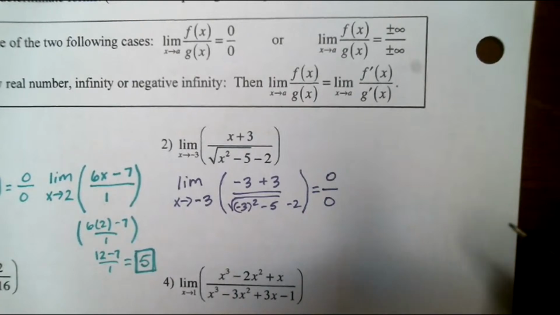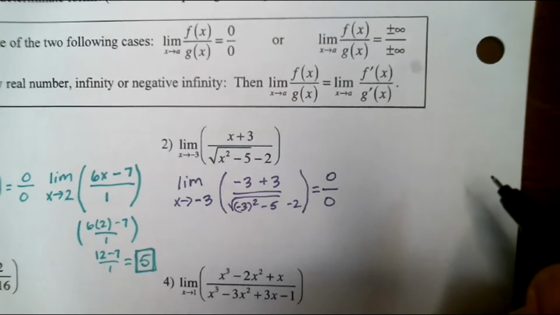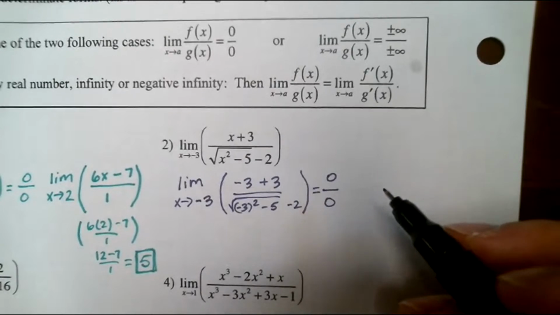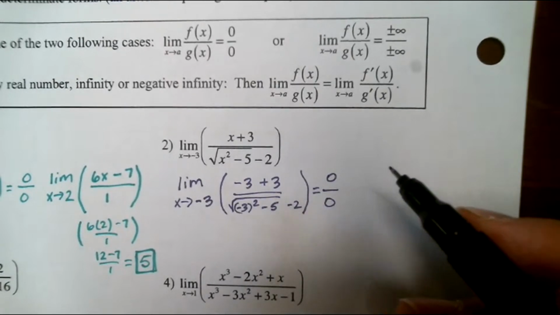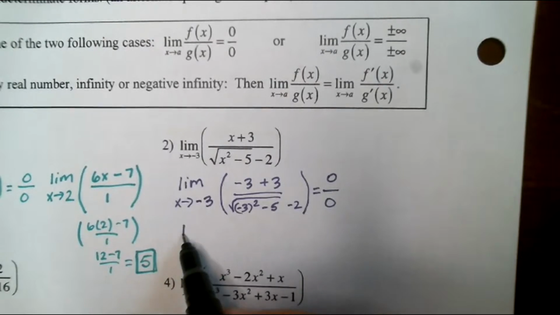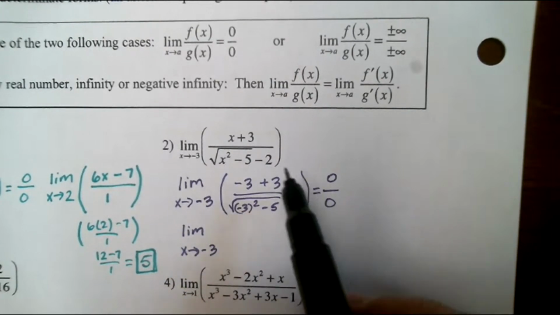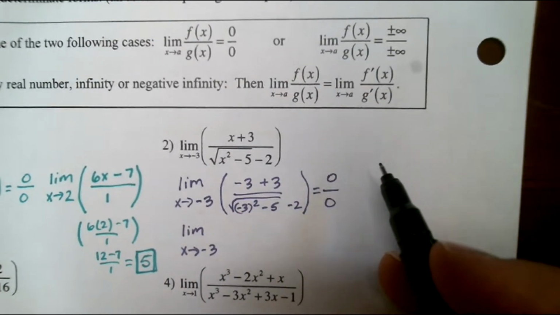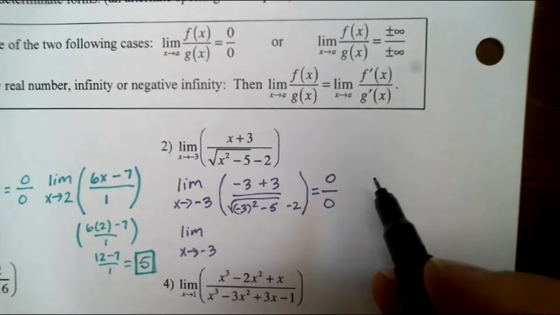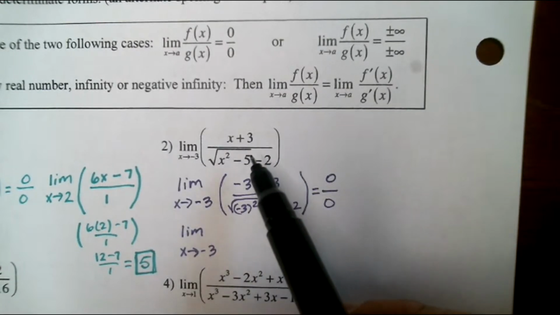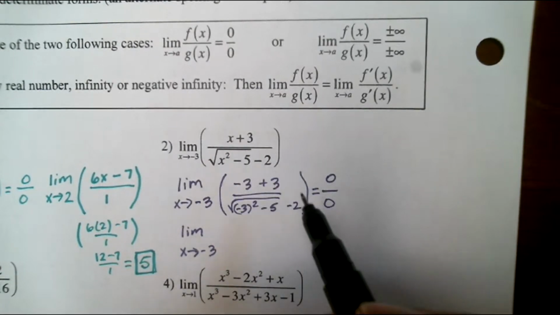So when we get a 0 over 0 with a limit after plugging it in, and we can't factor anything, then we just need to take the derivative. So let's go ahead and take the derivative. The limit as x approaches negative 3 is equal to the same thing, but just the derivative. Obviously, the derivative of the top is 1.